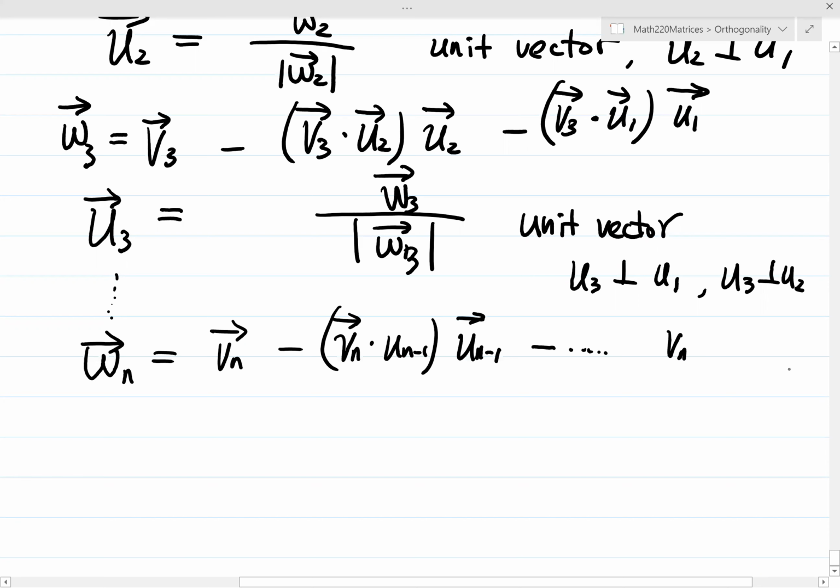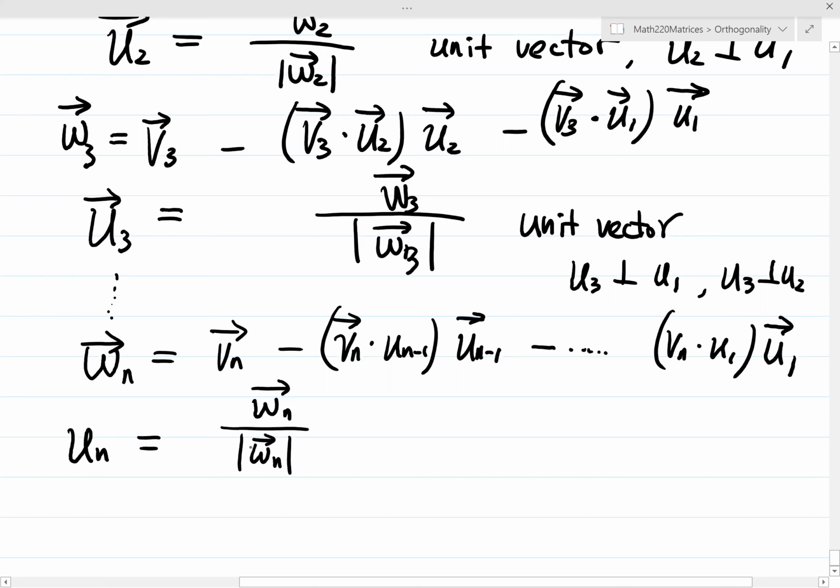Because we already subtract the projections, this is a vector perpendicular to U1, U2, up to Un minus 1. Then we normalize it to get Un. Then Un is a unit vector and Un is perpendicular to U1, U2, up to Un minus 1.